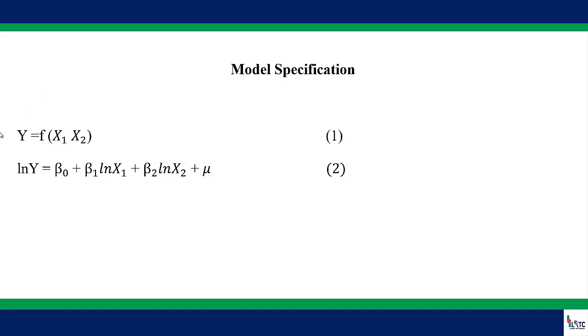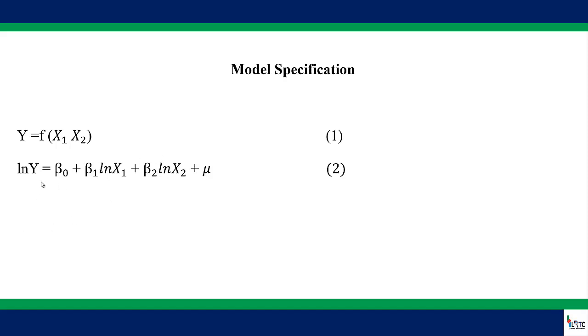What are independent variables? X1 and X2 are the independent variables here. Y is a dependent variable. So this model means Y is a function of X1 and X2, where Y is the dependent variable and X1 as well as X2 are the independent variables.